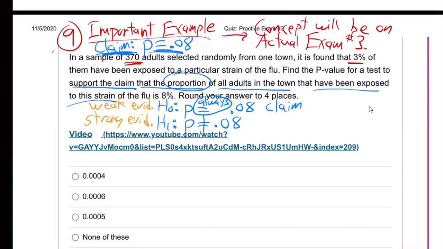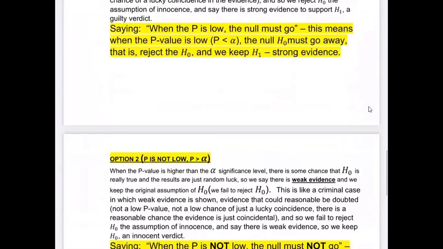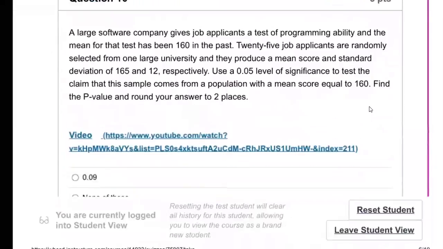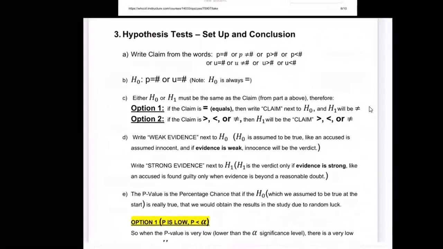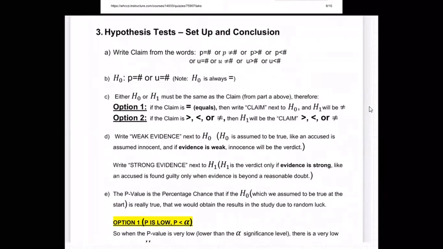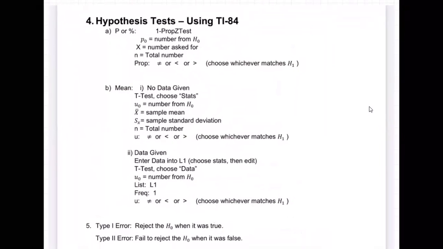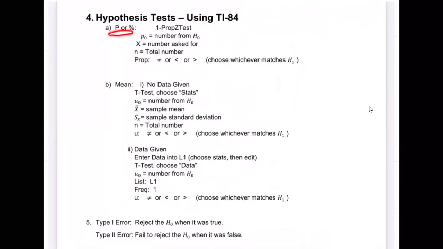Well, let's again go back to the notes, and I'll go to the calculator part of it. Okay, so what are we supposed to do? Well, we have a P percentage. We don't have a mean on this one, right? This hypothesis test uses P. So what do we do? 1 prop Z test. 1 prop Z test.